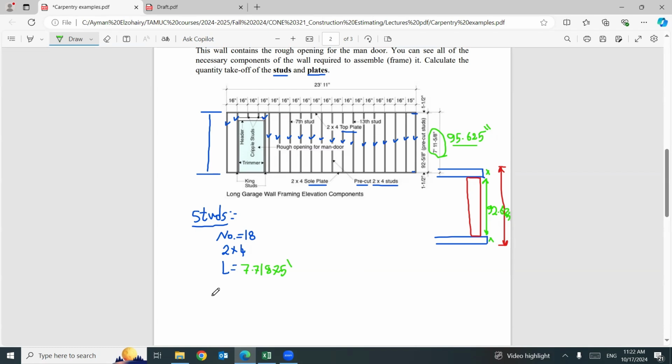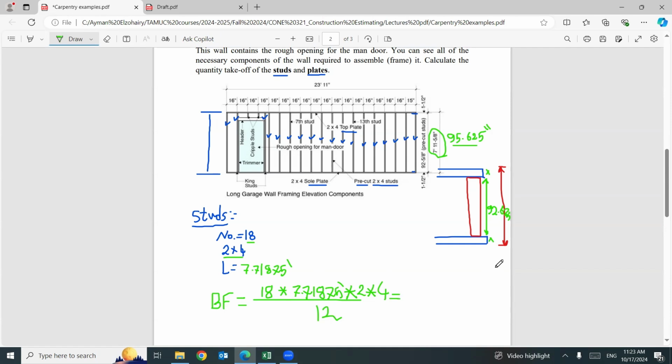So the quantity takeoff of these studs, which is board foot or board measure, will equal the total number of the studs, 18, times the length of one stud, 7.71875 feet, times the cross-section dimension 2 by 4 inch, divided by 12.